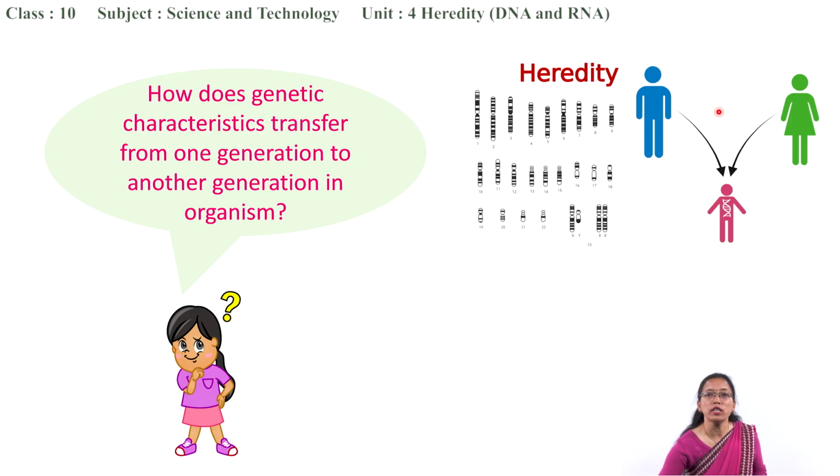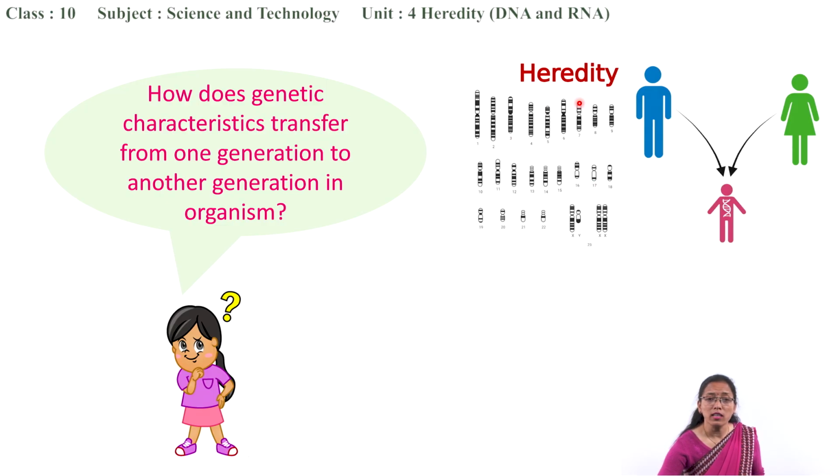Out of those 46, 23 are from the father and 23 from the mother. These are transferred to the child or offspring. Those chromosomes are made up of DNA and some RNA also.